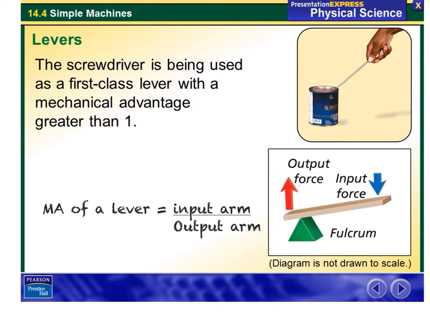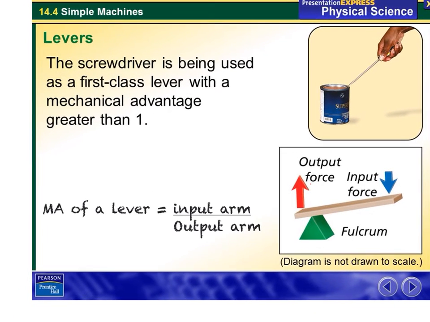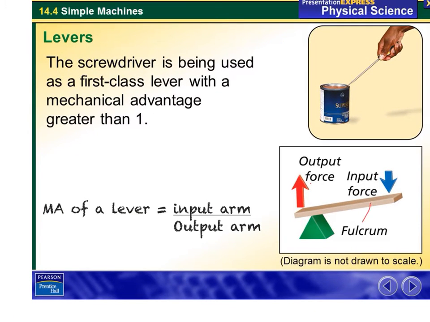If, however, for example, the fulcrum were closer to the input force, as it would be imagined here, that would mean that the distance here would only be 5 and that the output arm would actually be 15. This would result in a mechanical advantage of less than 1.